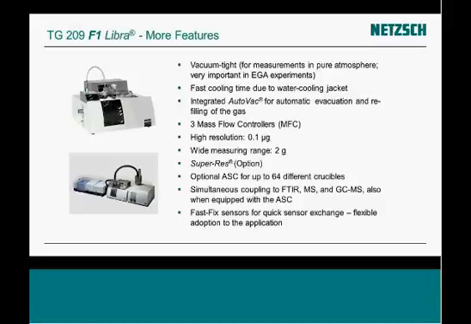And this TG Libero can attach to an auto-sampler for up to 64 different crucibles. Also, as I mentioned before, this top-loading design and other features make the TG Libero a very good candidate for coupling with other evolved gas analysis methods like FTIR, MS, GC-MS.